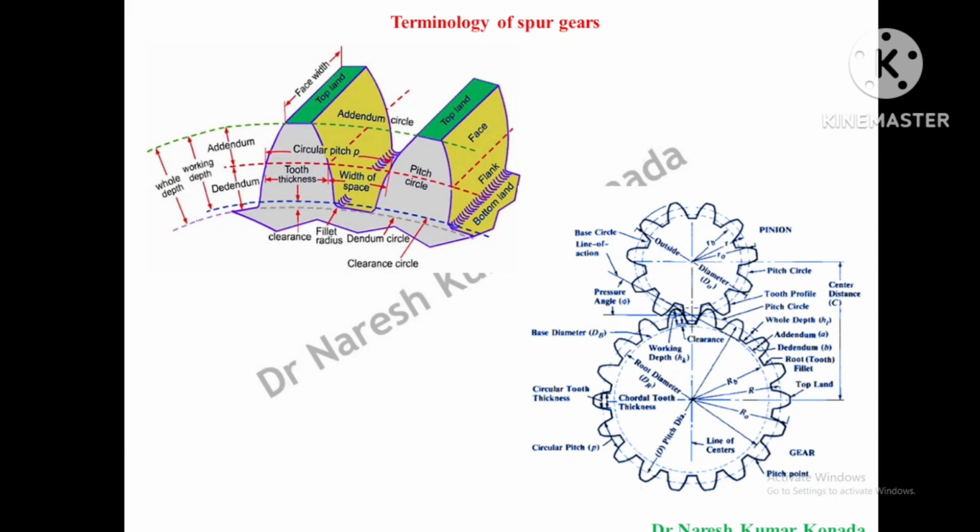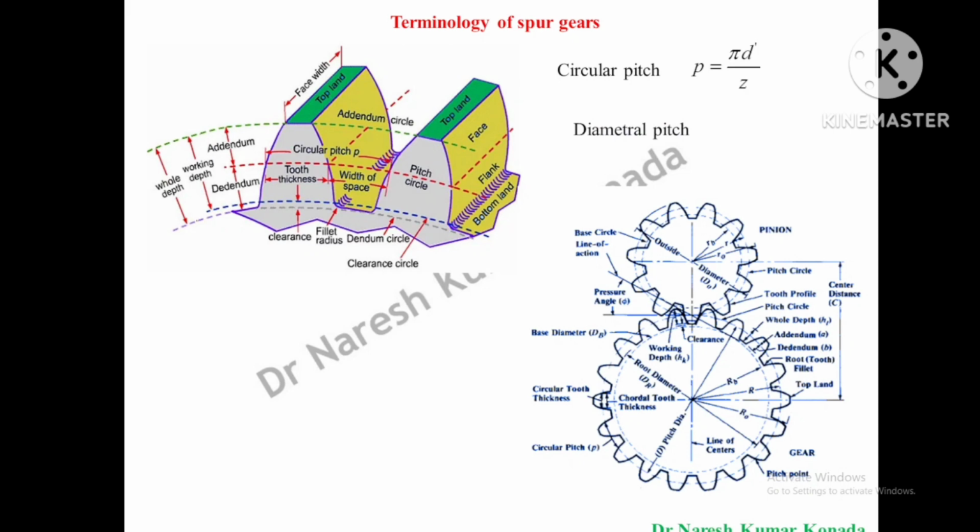During the engagement, the tooth profile and also where the pressure angle is maintained is clearly seen from the side view of the figure. Based upon these two figures, I'm giving the main important terminologies here.